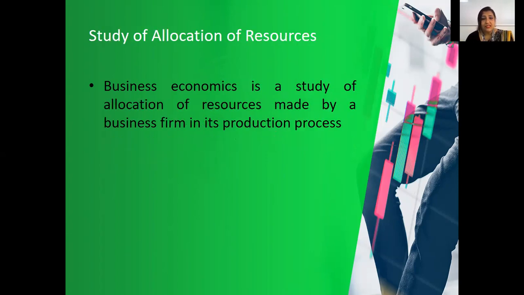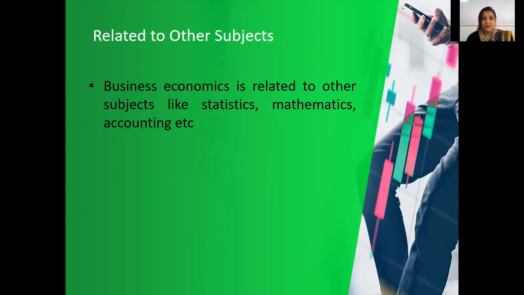Then it is a study of allocation of resources. Business economics is a study of allocation of resources. As we already discussed, human wants and needs are unlimited and the resources are scarce. So when the resources are limited in supply, we should decide properly where to allocate these resources.